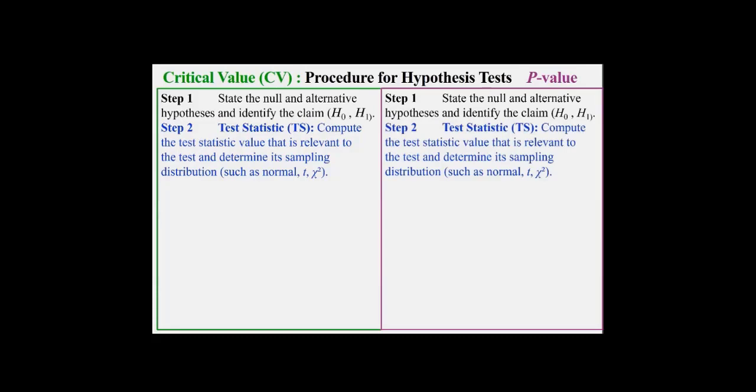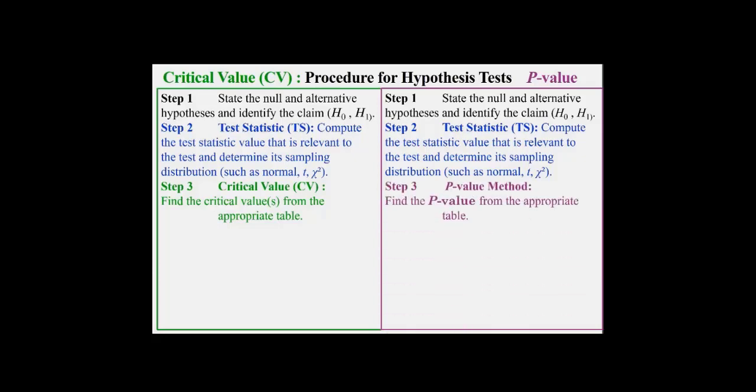Now what is the next step? In the case of a critical value, you come up with the graph using the table. You find the critical values and you do the drawing. In the case of a p-value, you look at the area to the right of the test statistic if it's a right tail test, to the left of it if it's a left tail test, and if it's a two tail test, whatever side the test statistic is on, you come up with the area of that side and multiply by 2.